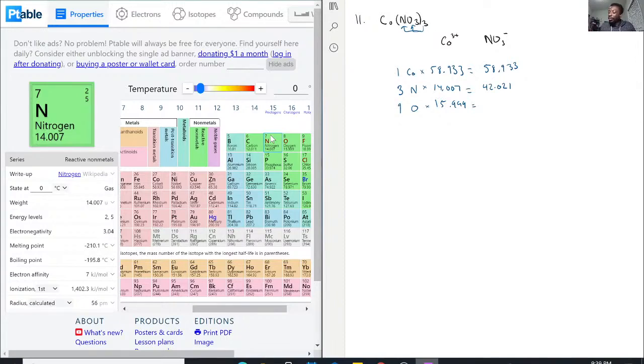And then the last one, 15.999 times 9, 143.991. I'm going to add it all together, plus 58.933. So total we should get for the molar mass is 244.945. And the most important part you cannot forget is the units, which is grams per mole. So this should be the molar mass that we get.